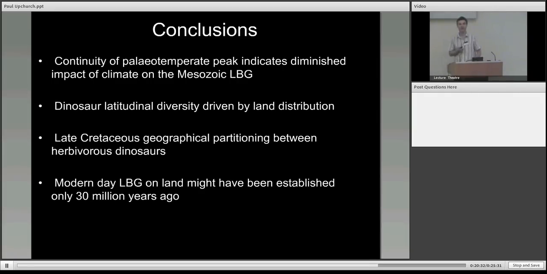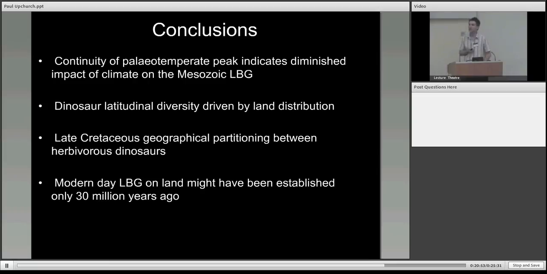It seems unlikely that climate could cause that level of stability over such a long period of time. There must be other factors going on here. But if we reduce the effect of climate, then perhaps other factors like land area start to take over. When you partition your data further into smaller and smaller groups of organisms, you can start to pick up some interesting patterns.